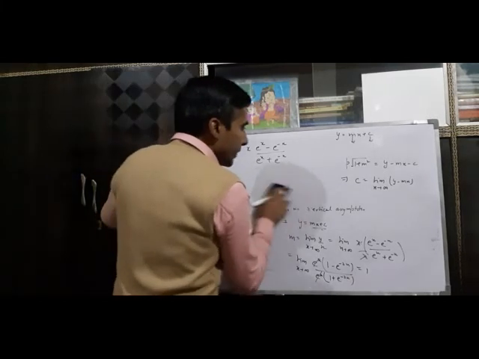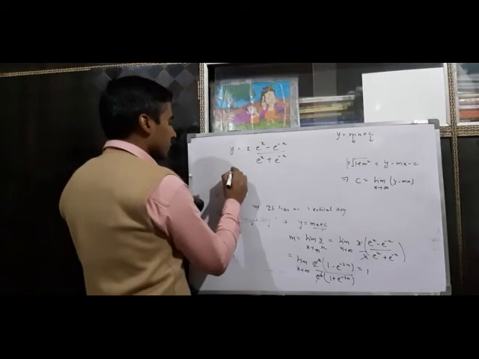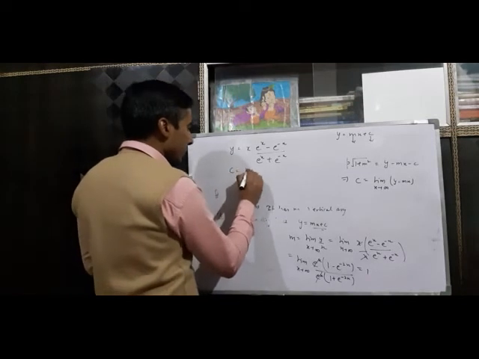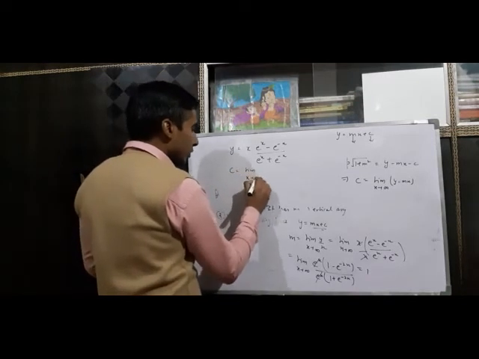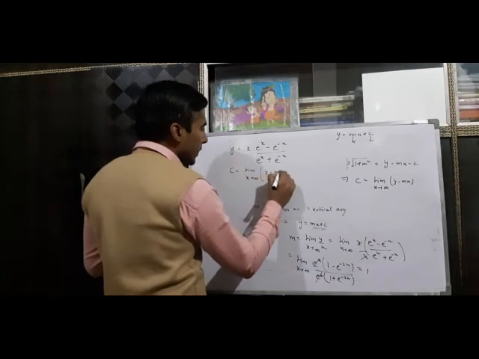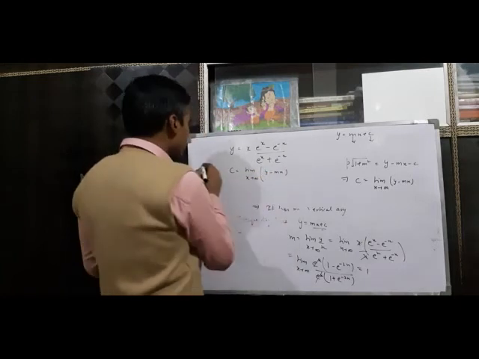Now we determine the value of c. c is limit x tending to infinity, y minus mx. Here m is 1.